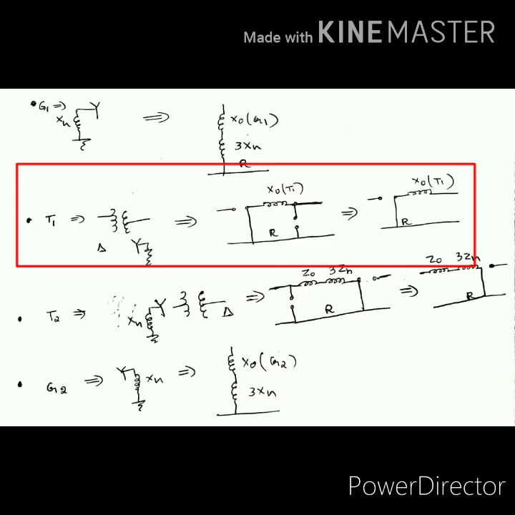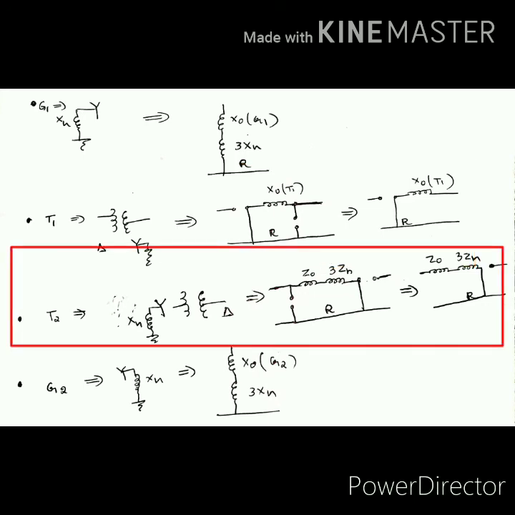Primary is delta, so shunt switch is closed and series switch is open. Secondary side is star with solid grounding, so series switch is closed and shunt switch is open. Remember, you have to have the reference also for this. So transformer T1 is connected to reference bus.